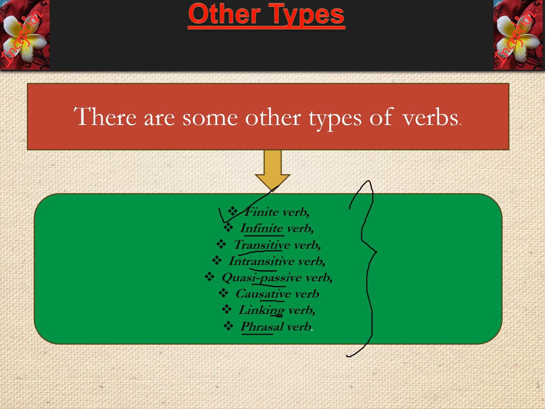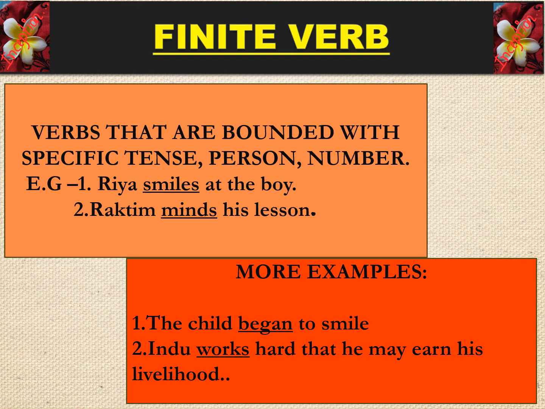Okay. Start. Number one, finite verb. Verbs that are bounded with specific tense, person, and number. Finite verbs are the verbs that follow the rules of tense, person, and number.